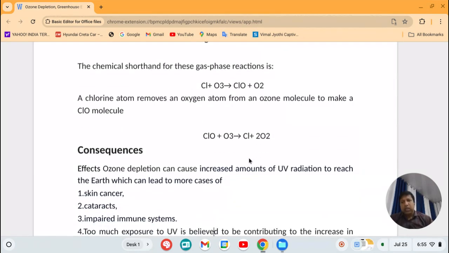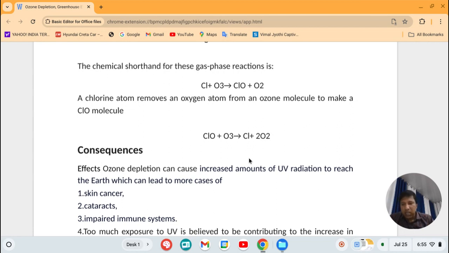Consequences. Ozone depletion can cause increased amounts of UV radiation to reach the Earth, which can lead to more cases of skin cancer. First, it will cause skin cancer. Then cataract. Cataract is an eye disease, like blurred vision; your vision will be affected.